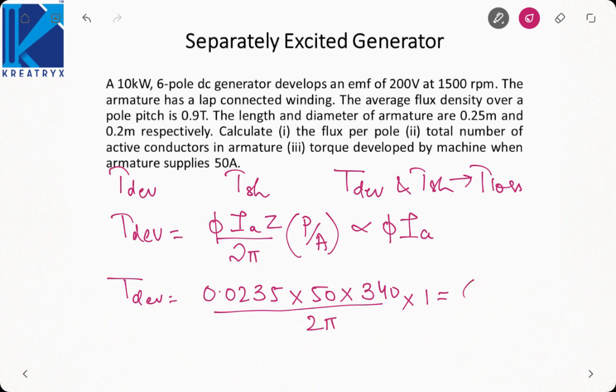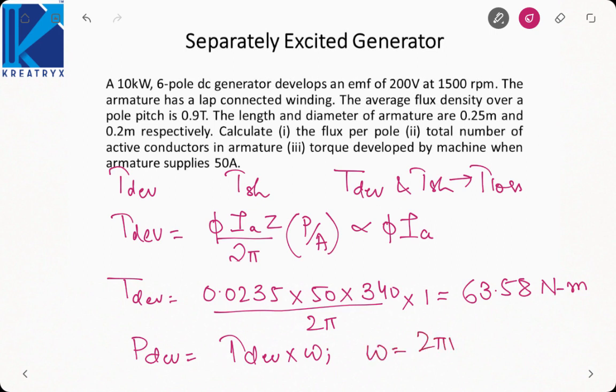So this comes out to be 63.58 Newton meter. That will be the developed torque. If you wish to calculate developed power, it will be simply developed torque into omega, where omega is 2 pi into N by 60, the angular speed in radian per second. So remember this concept about the developed torque.